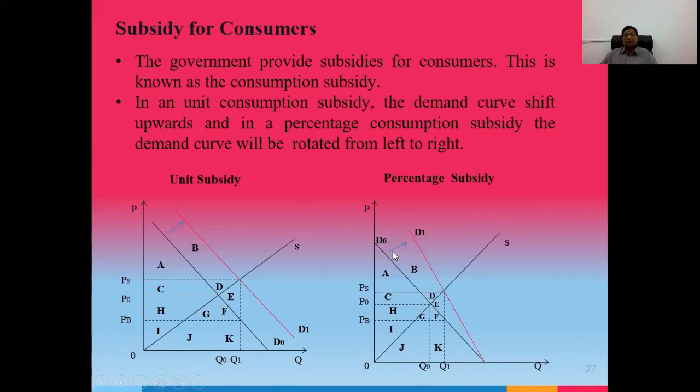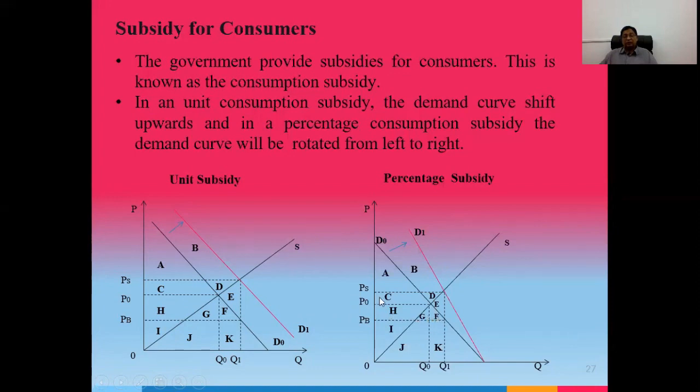When the government grants a percentage subsidy, the demand curve rotates from D0 to D1. Then equilibrium occurs, equilibrium price PS, equilibrium quantity QS. Then consumer surplus increases by the amount of HGF.